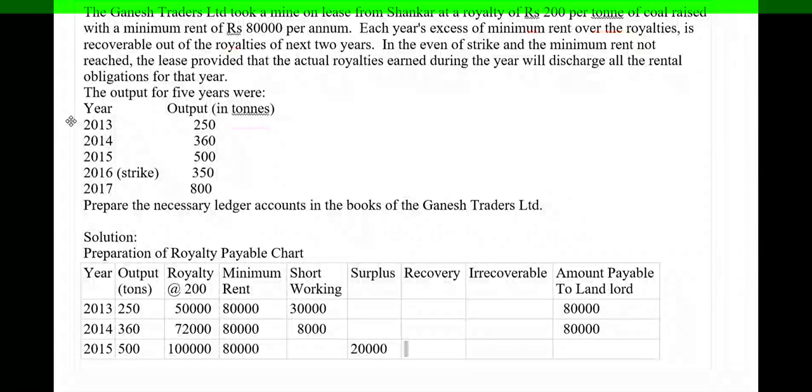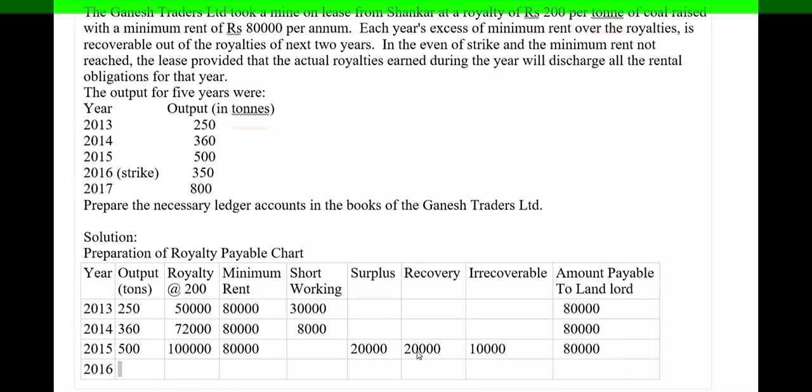So now the first year's 30,000 short working must be recovered by 2015. We have a surplus of 20,000, so we can recover only to the extent of rupees 20,000. So the remaining 10,000 is irrecoverable, so amount payable again remains the same, that is 80,000.